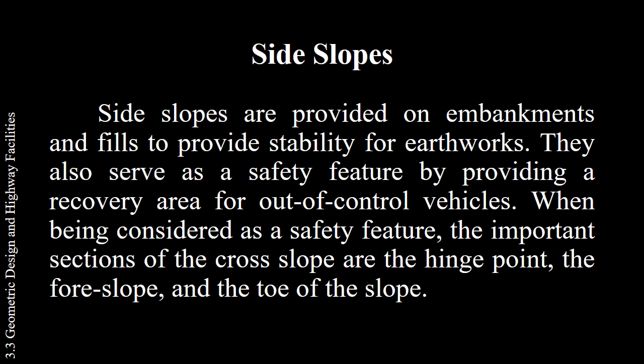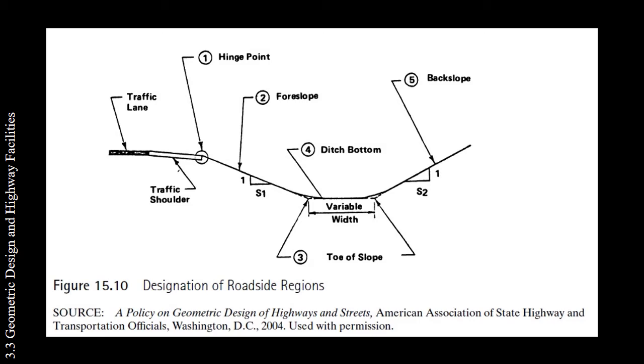When being considered as a safety feature, the important sections of the cross slope are the hinge point, the foreslope, and the toe of slope. Based on the figure, it is the designation of roadside regions. There is hinge point, foreslope, toe of slope, ditch bottom, back slope, and traffic lane.